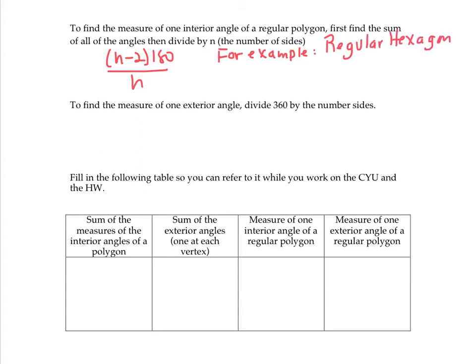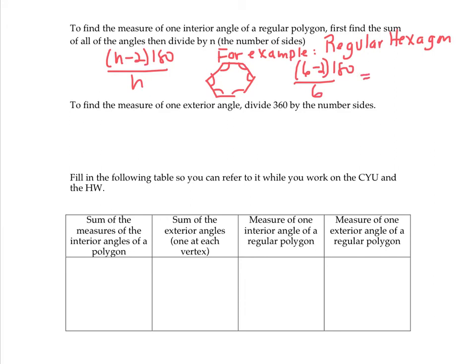So a regular hexagon obviously has 6 sides and they're all congruent to each other, but we want to focus on the angles. These 6 interior angles would all be congruent. So if we did the sum of all 6 angles, which would be 6 minus 2 times 180, and then we divide it by 6.